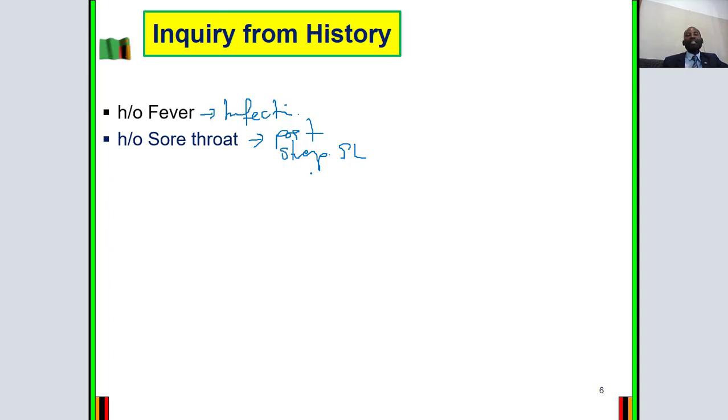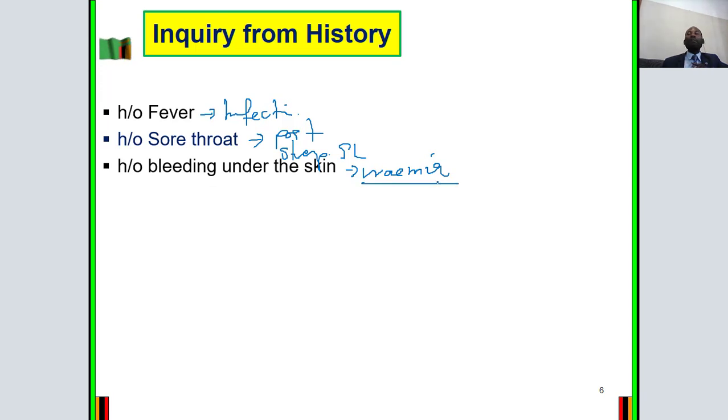So even when I'm looking at the history, I'm supposed to be focused, not just asking anyhow, somehow, because there's history. Okay. The third point is history of bleeding under the skin. So this kind of hemorrhage, this kind of bleeding, I should be thinking in mind of what? Uremia.